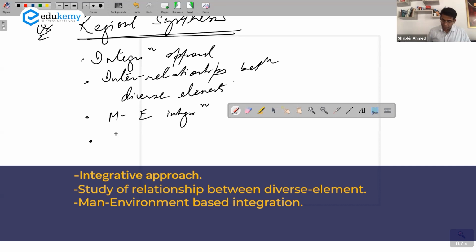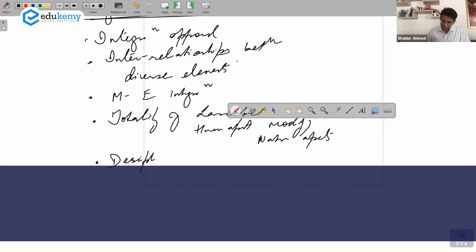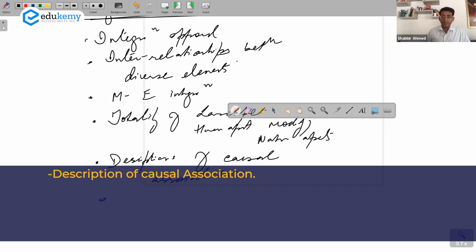In synthesis we also use the idea of the totality of the landscape, which is human aspects that modify the natural aspects. This is descriptions of causal associations. Okay.